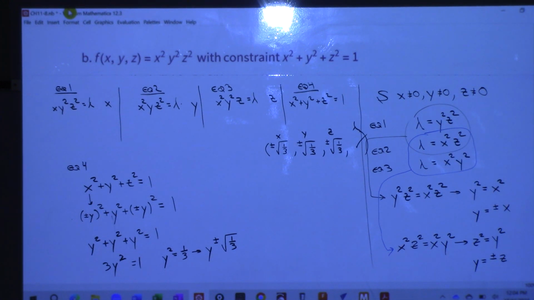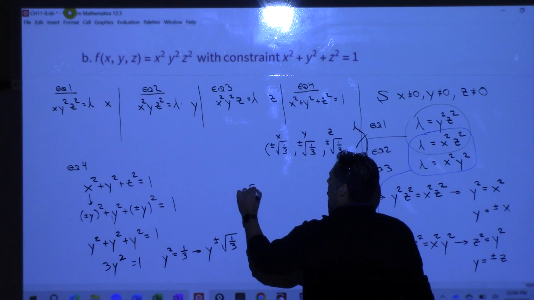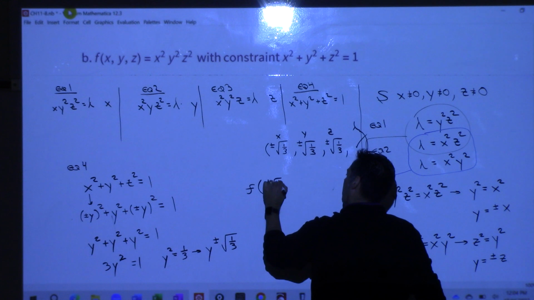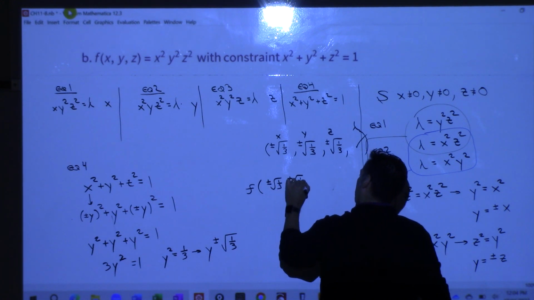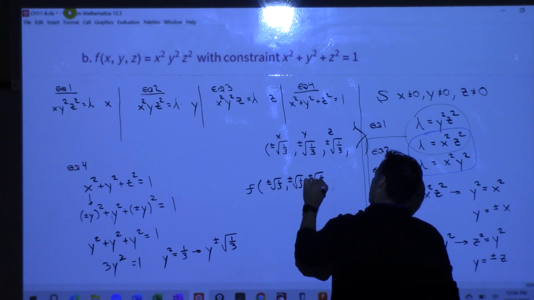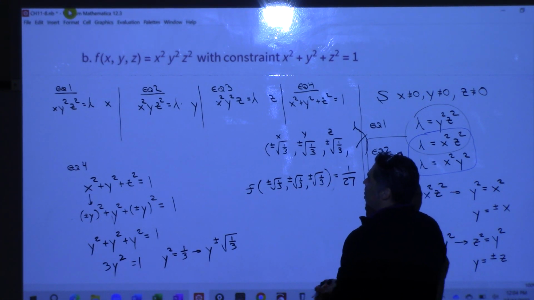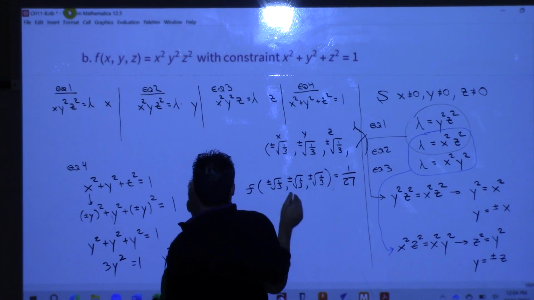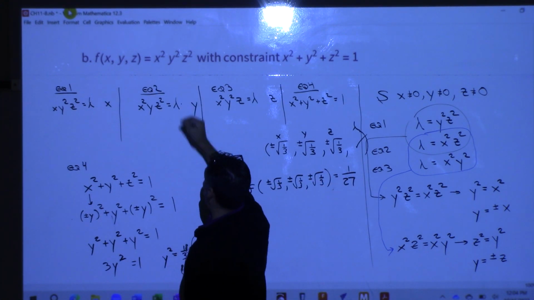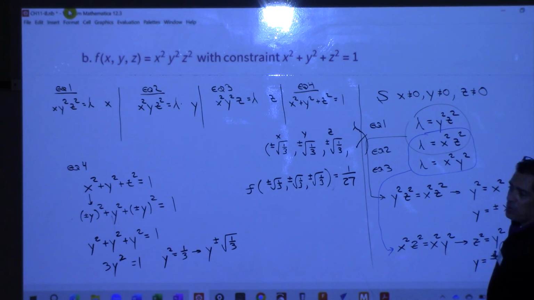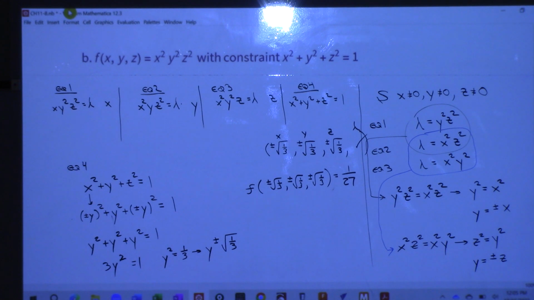So if I evaluated that function at any of these, I just get 1/27. Now, I don't know if that's a max or a min yet, do I? And I've only assumed that all the x, y, and z's were not 0. Now it's time to start looking at if they were.